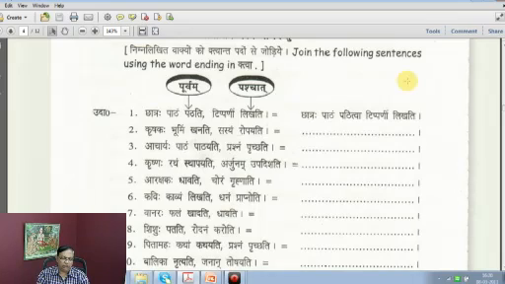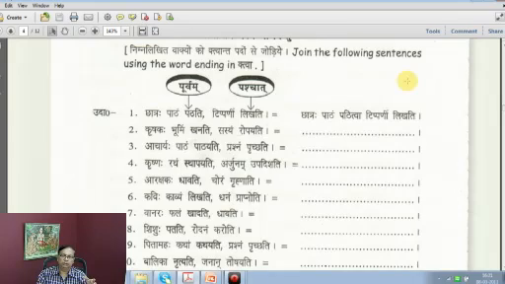Second one, Krushakaha Bhumim Khanati, Paschat Sasyam Ropayati. Purvam, first Krushakaha, a farmer, Bhumim Khanati. First a farmer digs the ground, later Paschat Sasyam Ropayati, he raises crops.